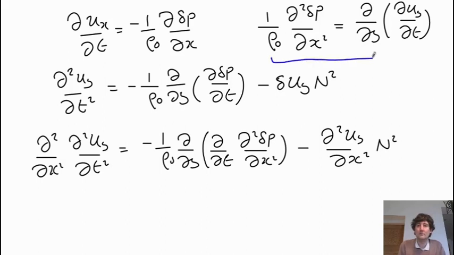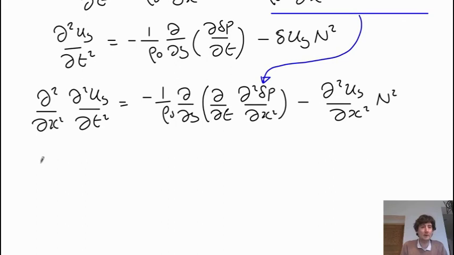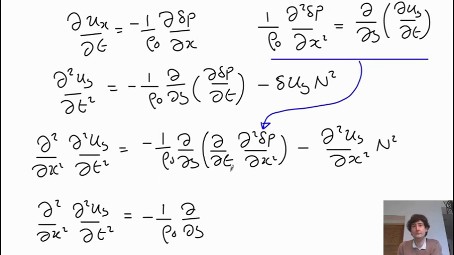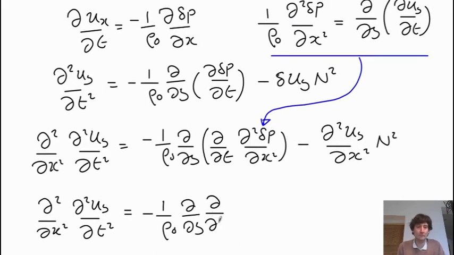So this expression, which we're now going to substitute into here. And so we have d2 by dx squared of d2 uy by dt squared. So this has given us a constraint. What happens with the compression? So that this is enforcing the incompressibility. So we have minus 1 over rho naught d by dy, a d by dt, and now I'm going to put the rho naught over this side.